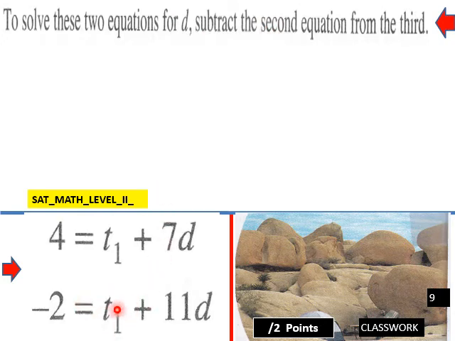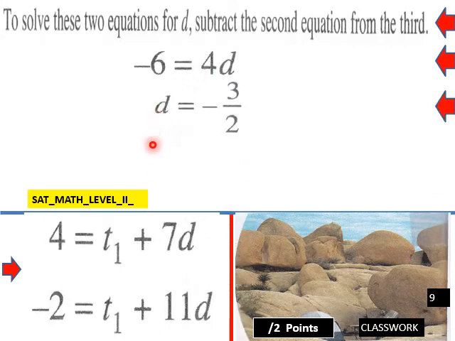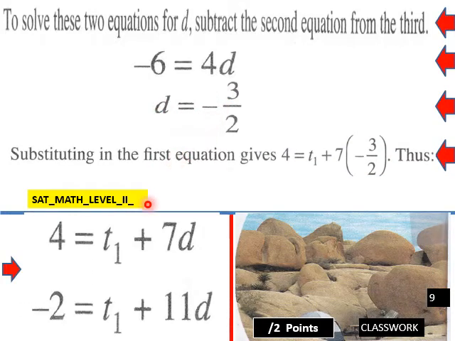We get -6 equals 4d, from -2 minus 4 on the left, and 11d minus 7d is 4d. So d will now equal -3/2.